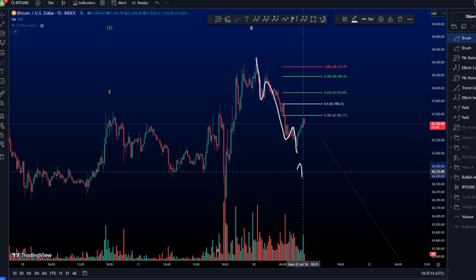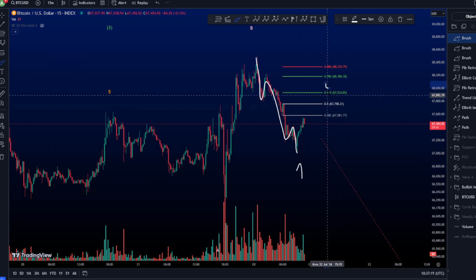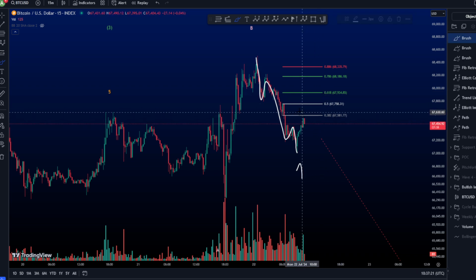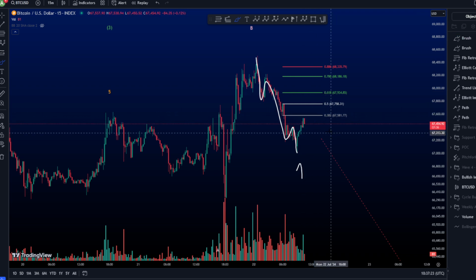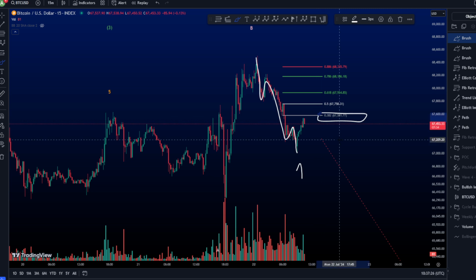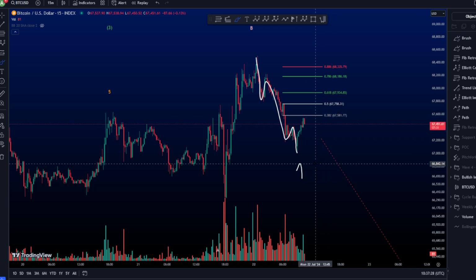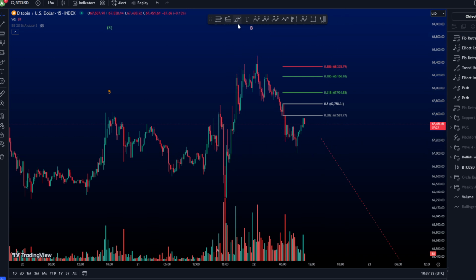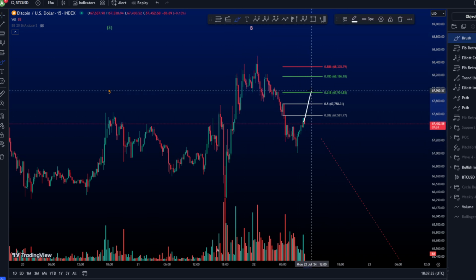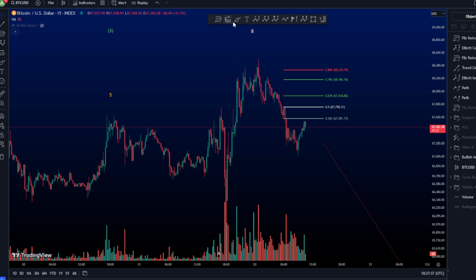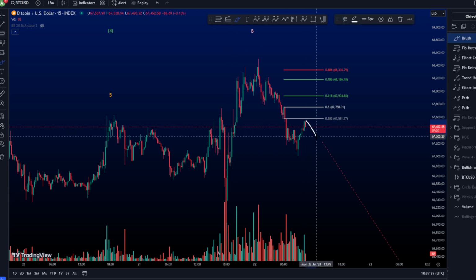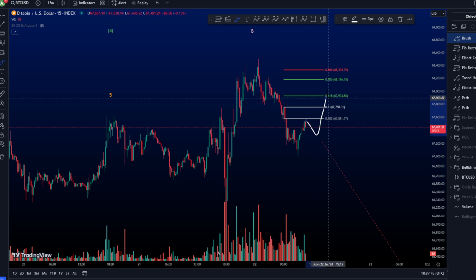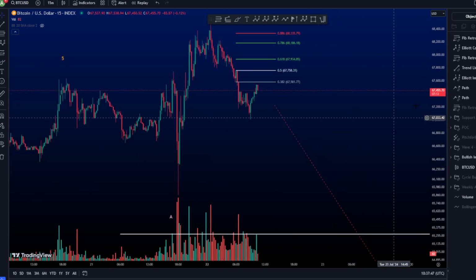So if this is 1, we are expecting a wave 2 almost here. However, it didn't touch yet the minimum requirement of a wave 2, which is 0.38. So don't expect that it goes down from here, guys. What we are expecting is to go to this side. Expect up and down for ABC, 3 waves, then reaching the wave 2, then move down from there.